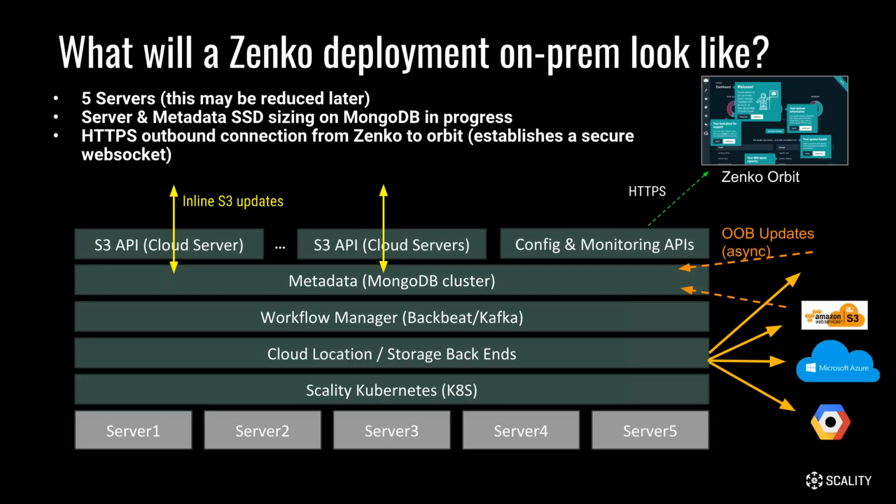The MongoDB database is distributed across the cluster, and it's set up so that you can lose 2 nodes at the same time and still have access to your data, and still write into the system even after 2 server losses. Typically, the metadata goes on flash drives or fast storage because you do a lot of metadata queries. And the data itself can go directly into the cloud or to an on-prem object store.